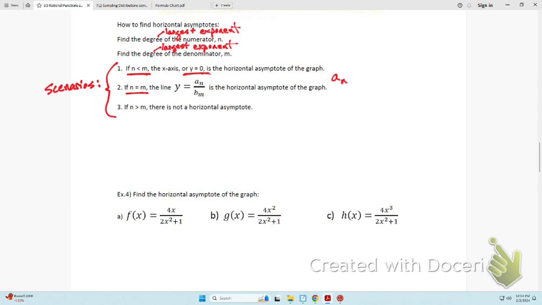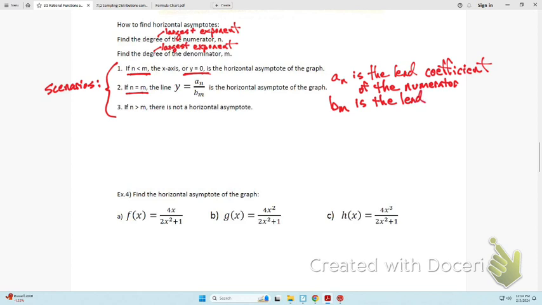A sub n is the lead coefficient of the numerator, and B sub m is the lead coefficient of the denominator.